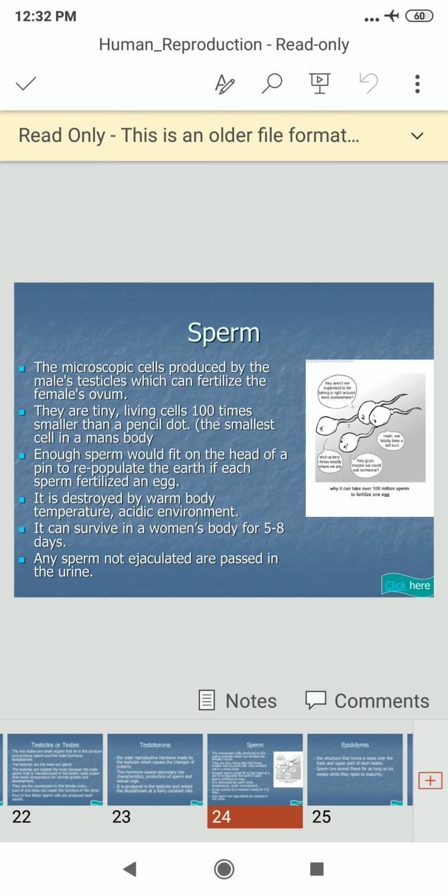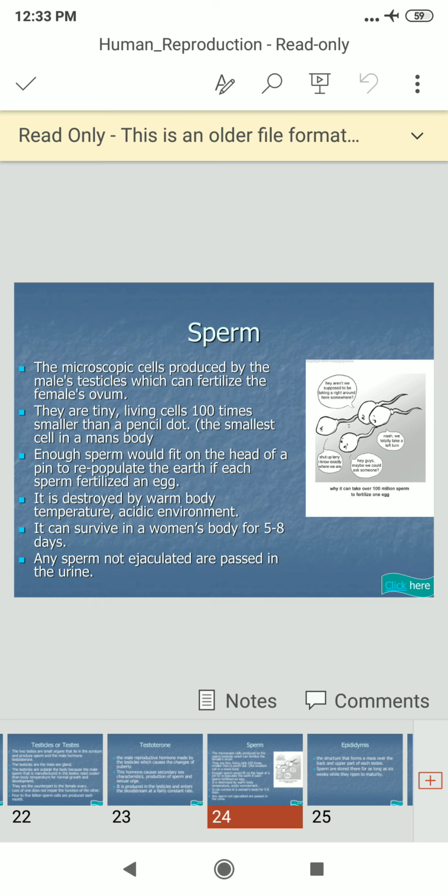So you can see the sperm. It is most important for this phenomenon. You know very well, the sperm is a male reproductive cell, or a male gamete.